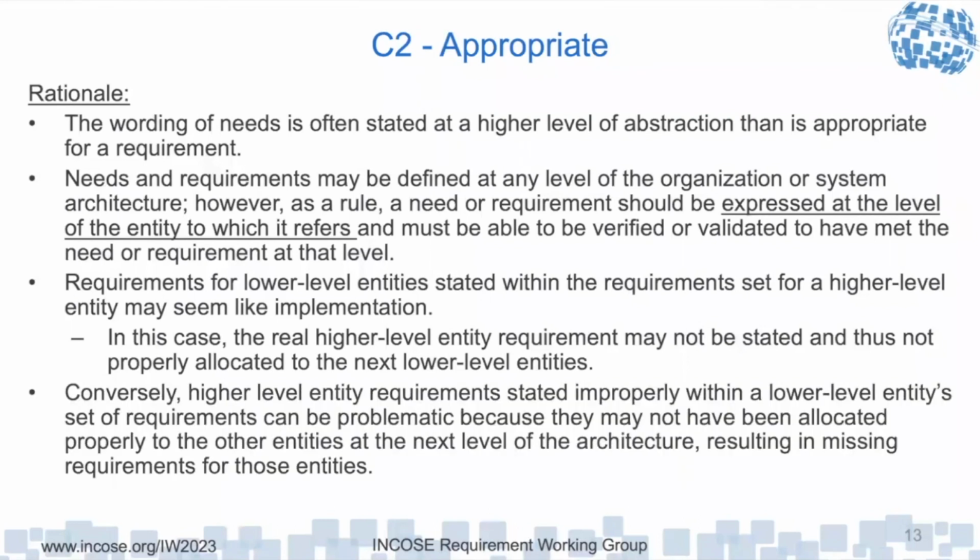And conversely, higher level entity requirements stated improperly as lower level entity set requirements can be problematic because they may not have been allocated properly to other entities at the next level of architecture. So if I specify a requirement, say, three levels down, that really applies to multiple entities at that level, it should have been expressed at the previous level, so it could have been allocated to all of the pieces that had a role in it.